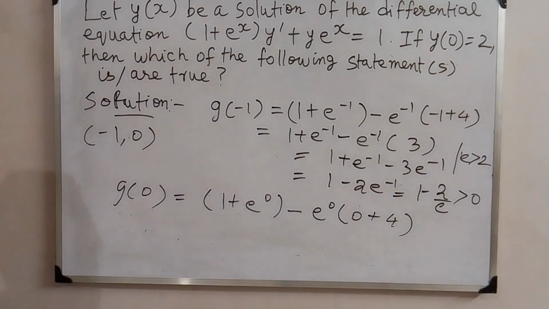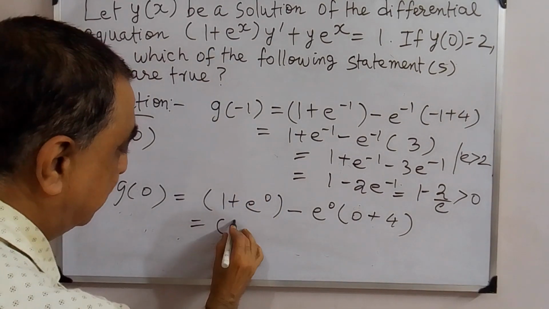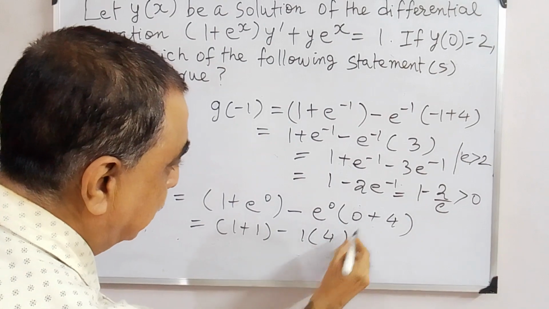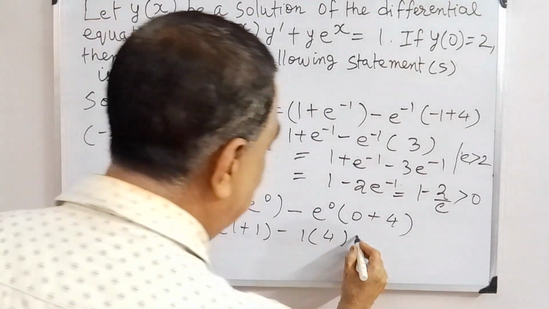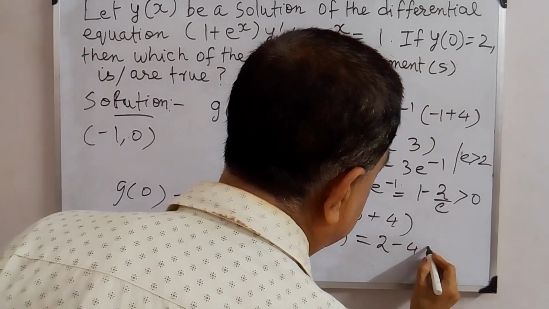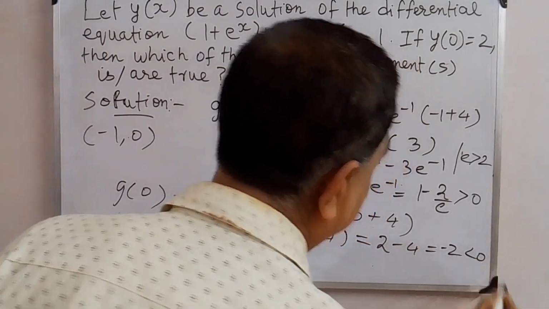Since e to the power 0 is 1, this becomes 1 plus 1 minus 1 into 4, that is 2 minus 4, which equals -2, that is less than 0.